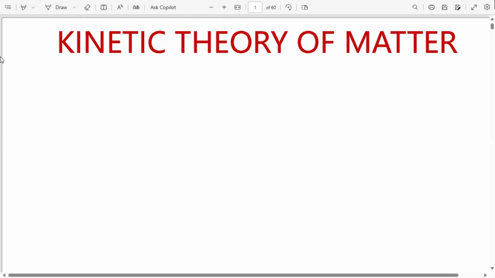Initially, today I was supposed to talk about those things again, but not in much detail. I'll just peruse through them to remind each other about what we discussed in our previous class, and we're going to add on our main focus today. In today's class, I want mostly to talk about the kinetic theory of matter itself, and also reiterate the relationships between temperature and average kinetic energy of molecules, and also show how to calculate the root mean square speed of gas molecules.